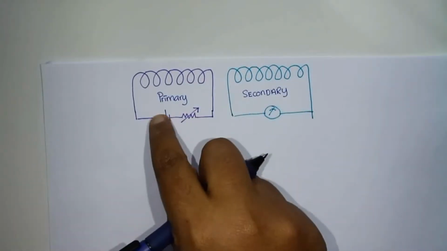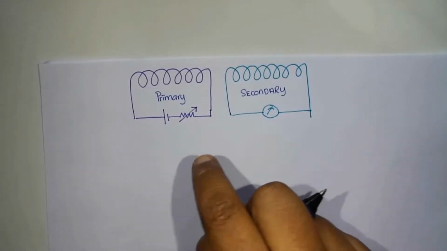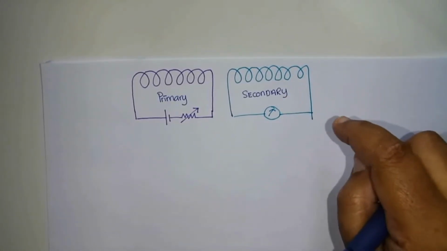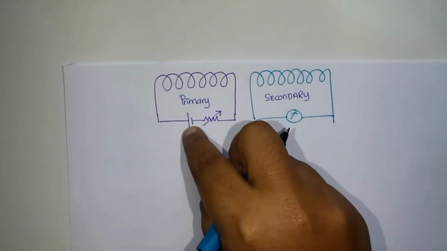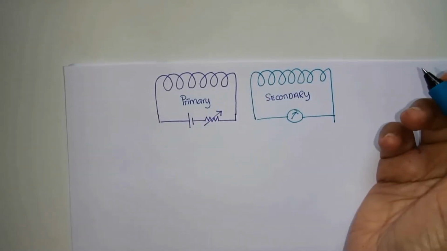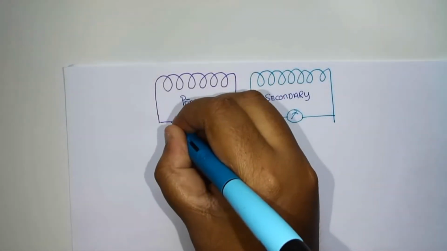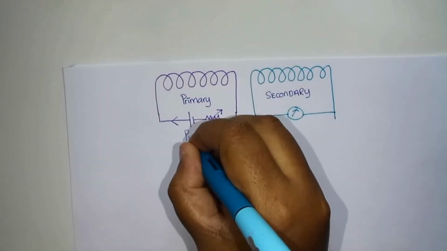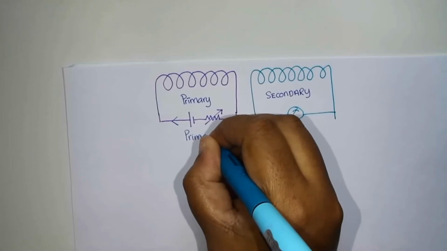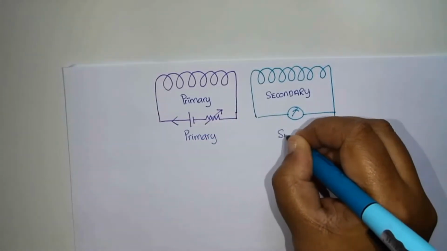Again, the primary coil is connected to a cell, and the secondary coil is connected to a galvanometer. Now, when the switch is closed, current flows. So we're going to look at what is happening at the primary and what is happening at the secondary.